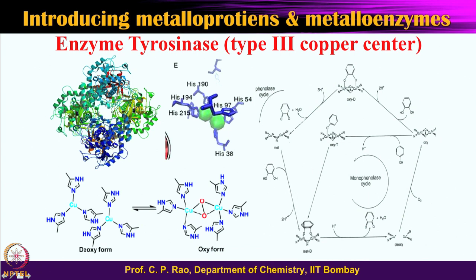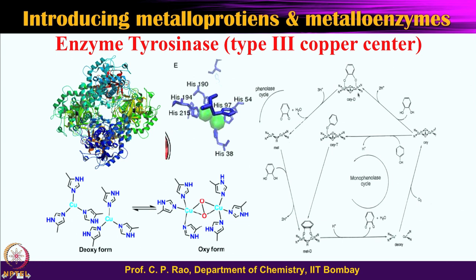Another catechol molecule will be bound here, and this will be converted to the catequinone and then back to the deoxy form. Okay. So, you understand this: the copper 1 state becomes O2 minus, with 2 electrons coming from each copper, which is bridged between them, and this is sufficiently good enough to oxidize the substrate, and in the presence of protonation you will get the catequinone plus water.